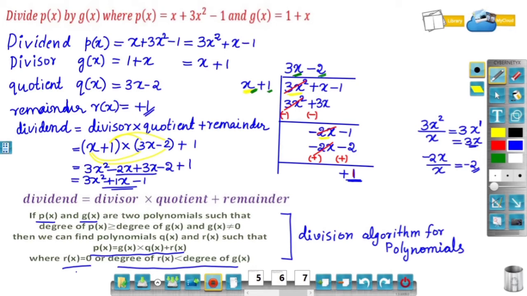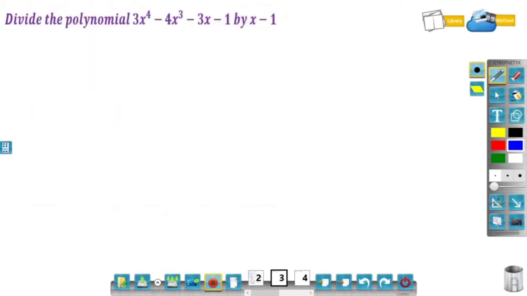This is called division algorithm for polynomials. If p of x and g of x are two polynomials, then we get q of x and r of x such that p of x is equal to g of x into q of x plus r of x. Remainder is 0 or degree of remainder is lesser than degree of divisor.